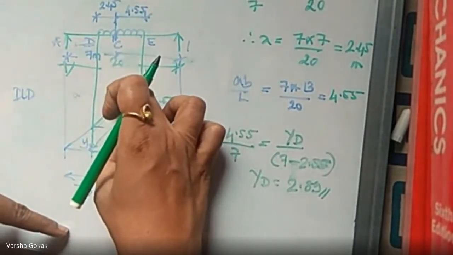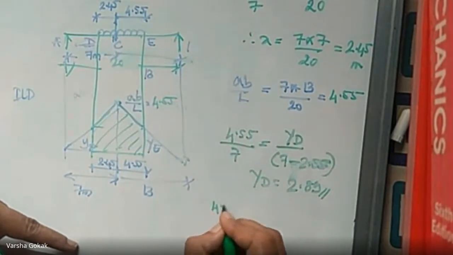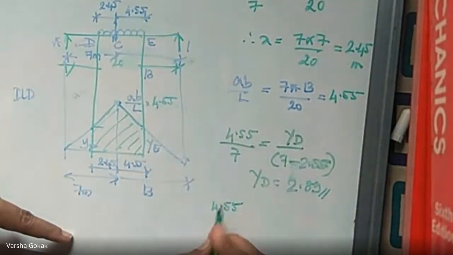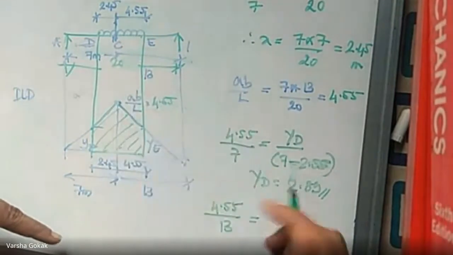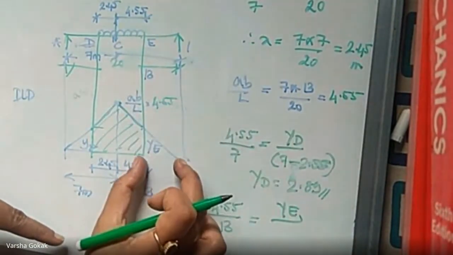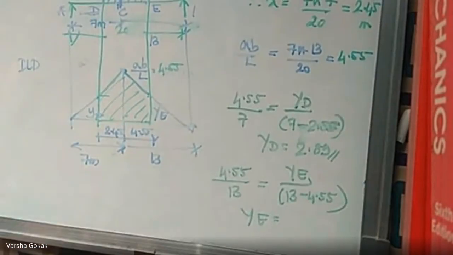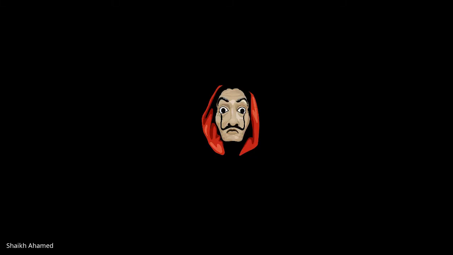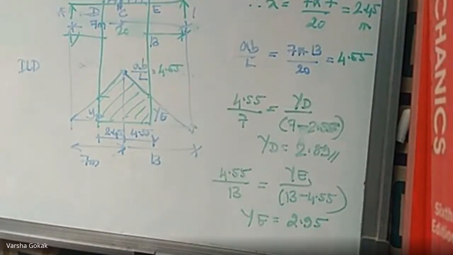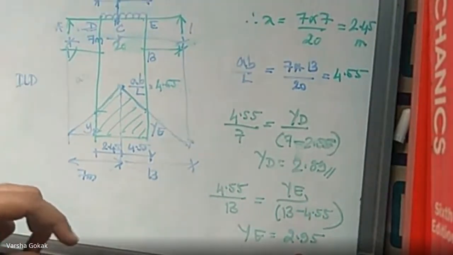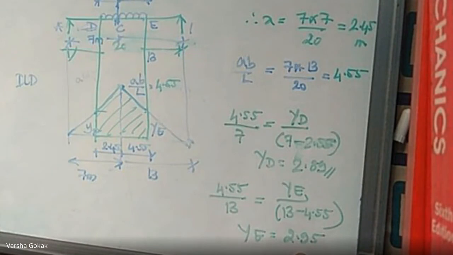Let us check or calculate YE. For YE, it is this AB by L, that is 4.55 divided by this side, total is 13, will be equal to YE divided by 13 minus 4.55. How much is YE? 2.95. Others are getting the same answer. I think both will be the same.